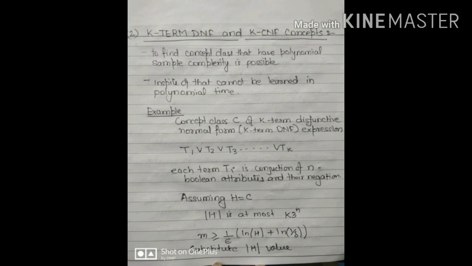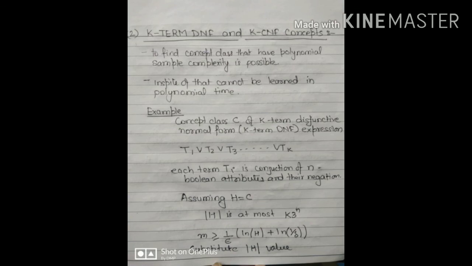Why are we taking k times 3 to the power n here? We have a total of k terms. After that, each particular term is the conjunction of n Boolean attributes and their negations. So each attribute can be the literal, its negation, or ignored. The number of hypotheses for a term will become 3 to the power n, as we have studied before. As we have k disjunctive terms, that's why we multiply by k times 3 to the power n.